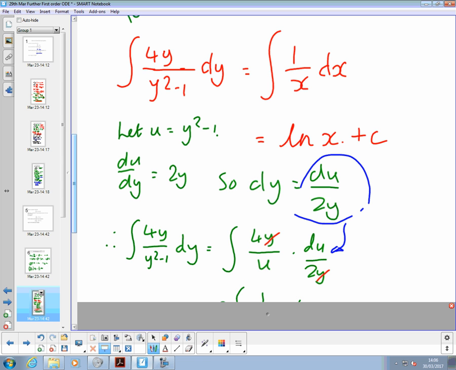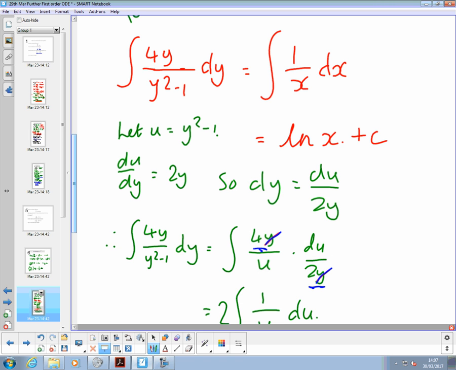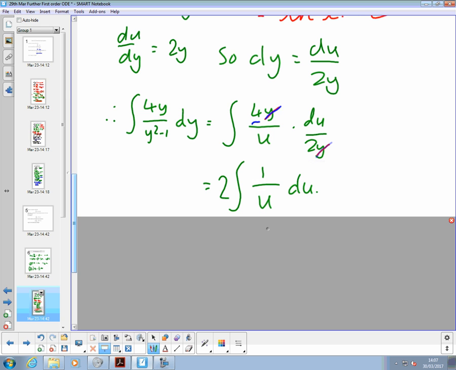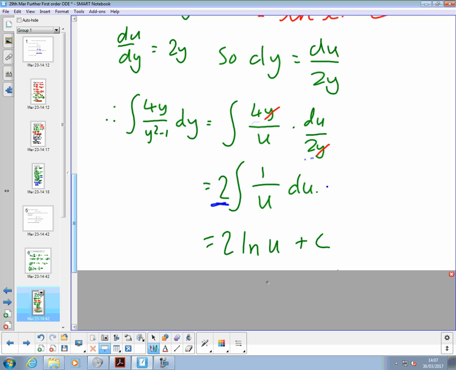Then we've got 4y on the top line, 2y underneath, the y's cancel each other out. The constants, 4 divided by 2, come outside and become a constant 2 outside the integral, and we've got 1 over u du.